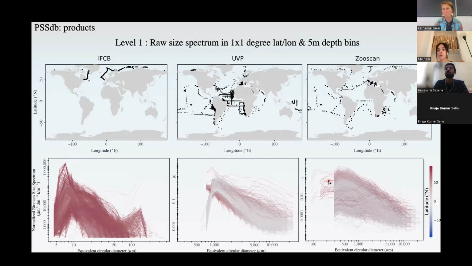One would be able to download data only from UVP, only from ZooScan, or both, and then be able to directly compare in terms of abundance, but also specific taxa that are missing because of the bias of the method, for instance. That's something that we ourselves are also interested in looking at.